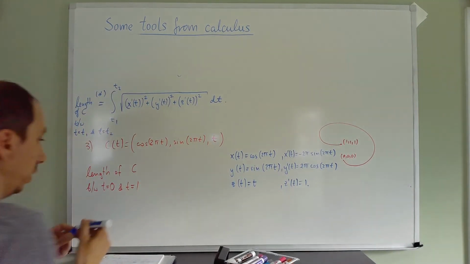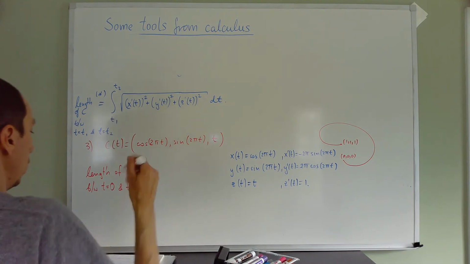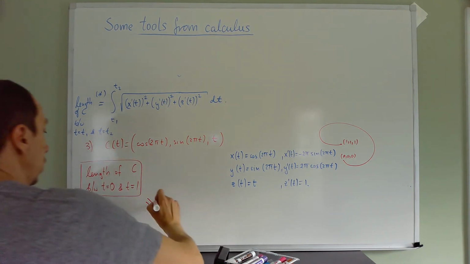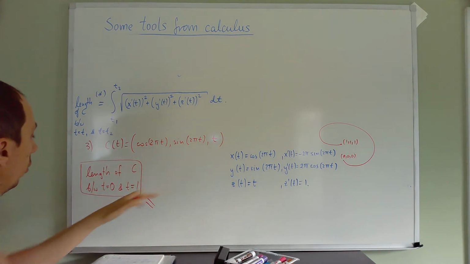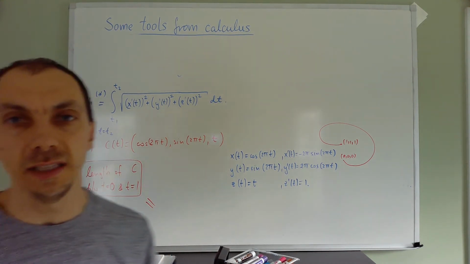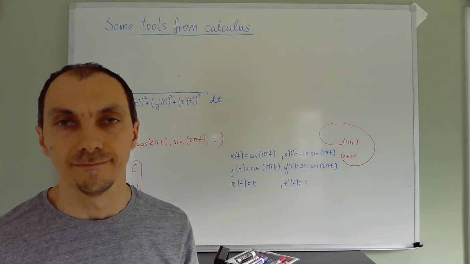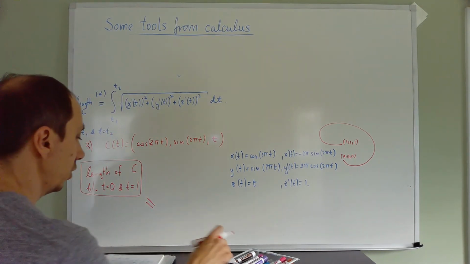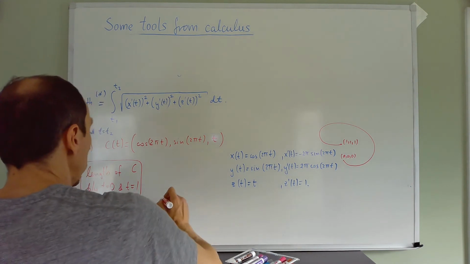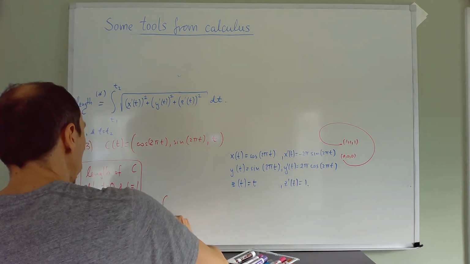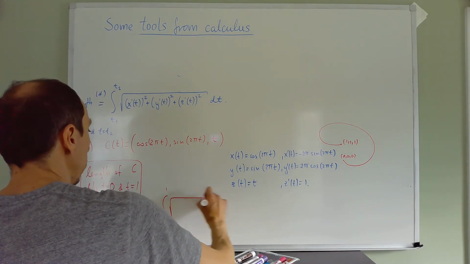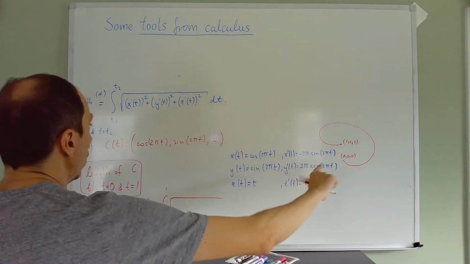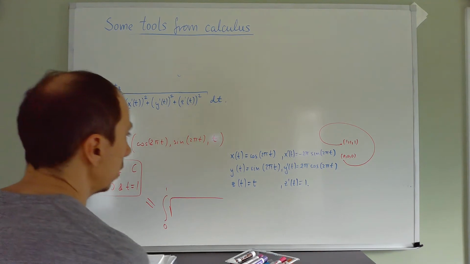So this length over here is going to be the integral. You don't have to, by the way, go between 0 and 1. You can go between any 2 points, but I don't want to do too many examples. Let's just stick to 0, 1. So it's the integral from 0 to 1 of the square root of, I have to square all of these derivatives.